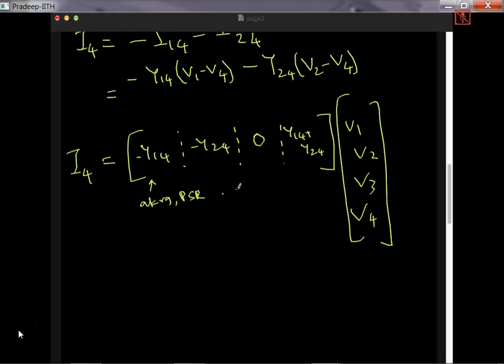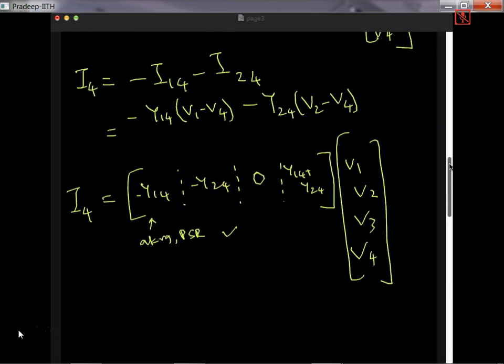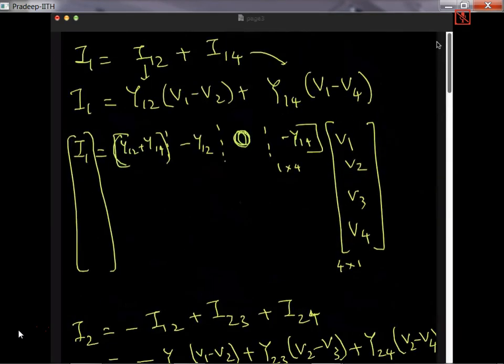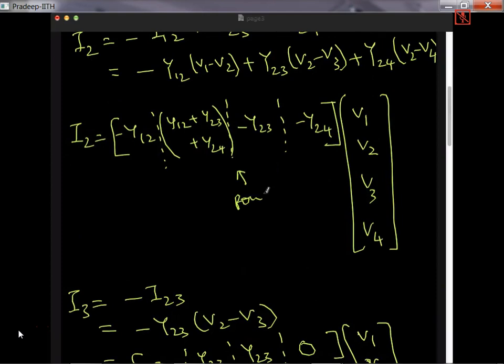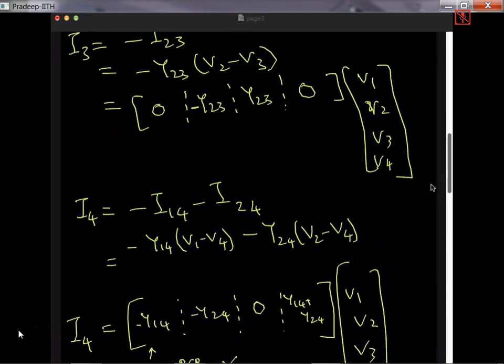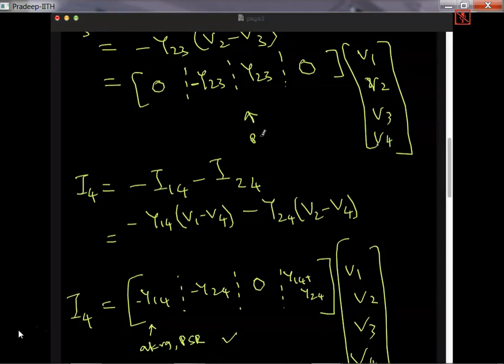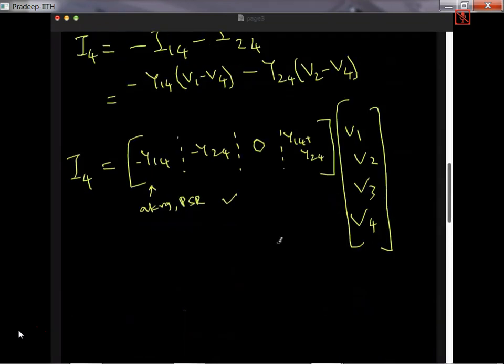So this is correct. So finally, if you notice all four, we have a similar structure, just that they are rows. Okay, so this is row 1. So I can call this row 2. I can call this row 3. And finally this row 4.